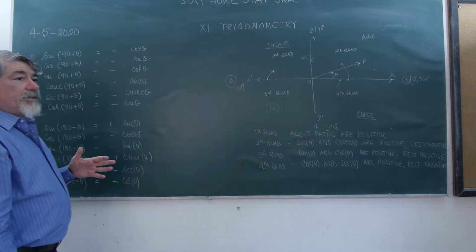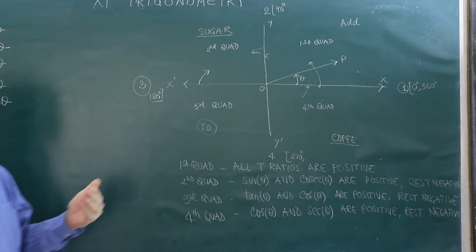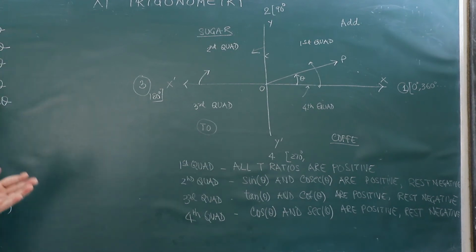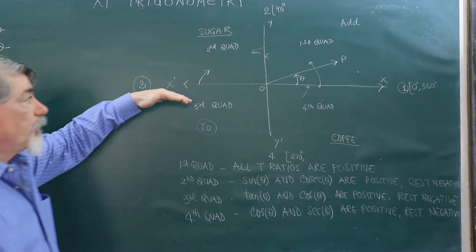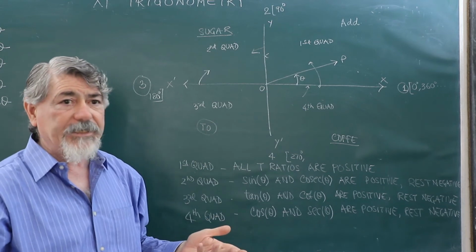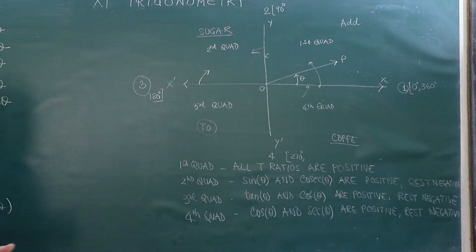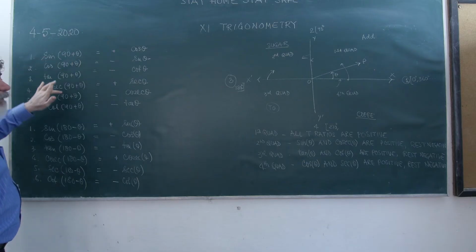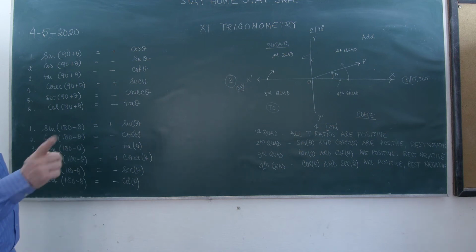Remember, the signs will be obtained by add sugar to coffee, and whether sine will change to cos or sine will remain sine will depend upon what it is. Is it multiples of 180 plus something, or multiples of 90 plus or minus something? When it is 90 plus or minus something, sine will always change to cos, and cos will change to sine.